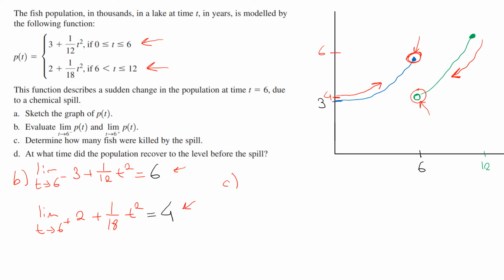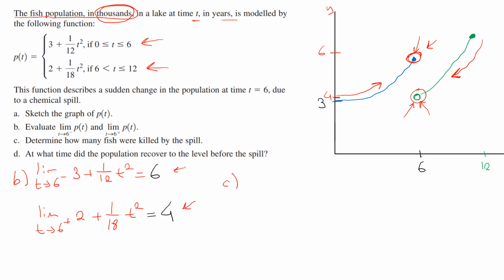I can already see that for t in years, it says the fish population is represented in thousands. Our fish population is our y over here. So I already have the y value before the chemical spill, and I already have the y value after the chemical spill.